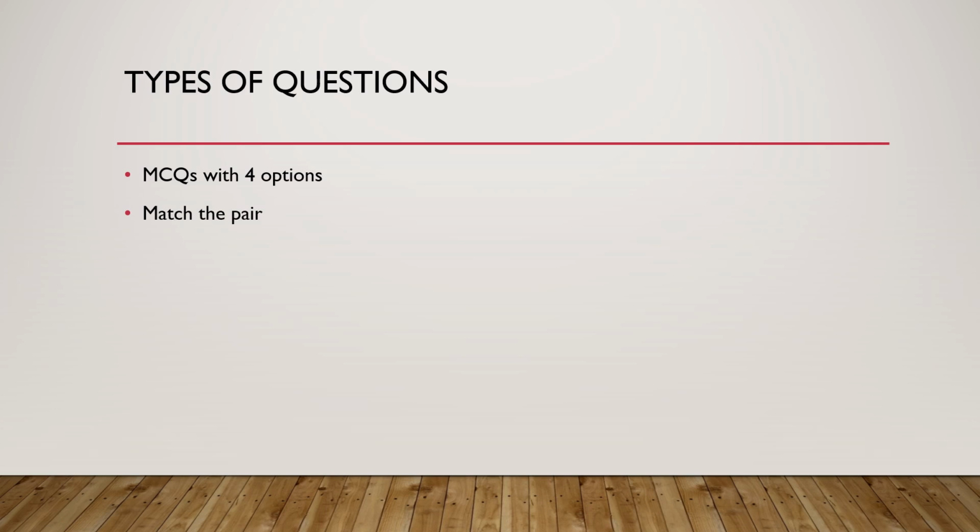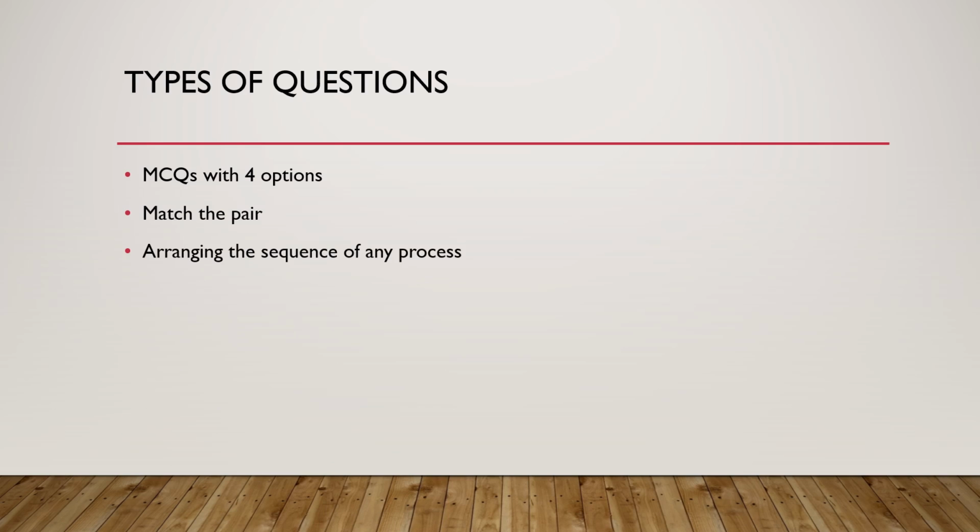For example, recruitment: in recruitment, what are the internal sources and external sources. On the left side they will give the internal sources, and the meaning of those internal sources will be given on the right side, so you have to match the pair.